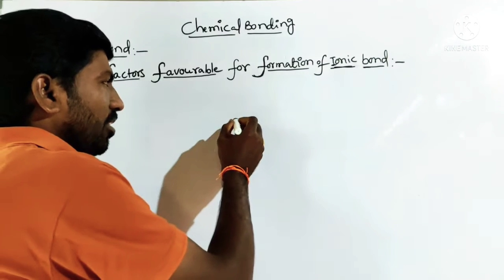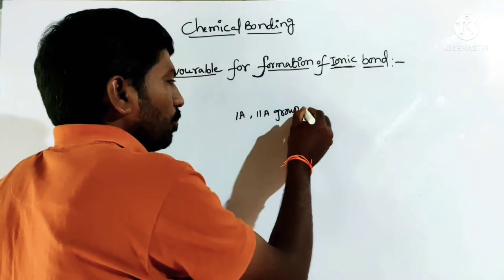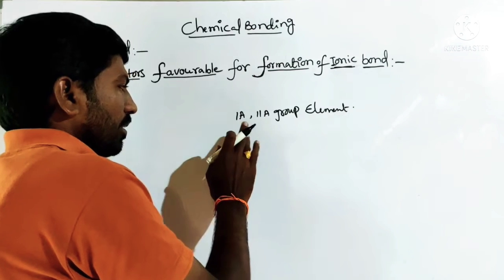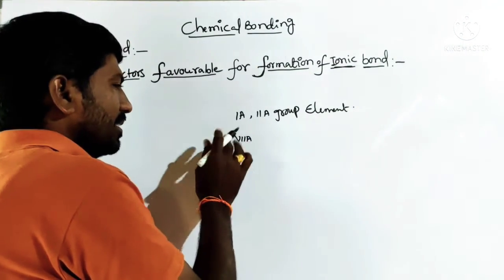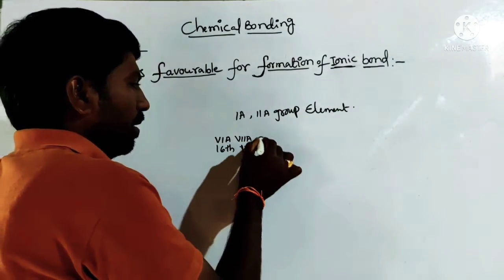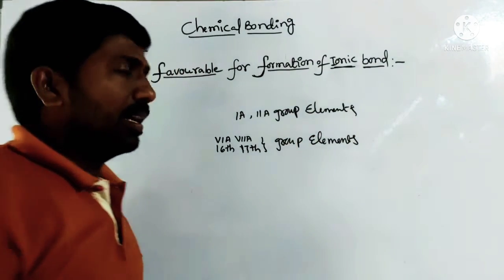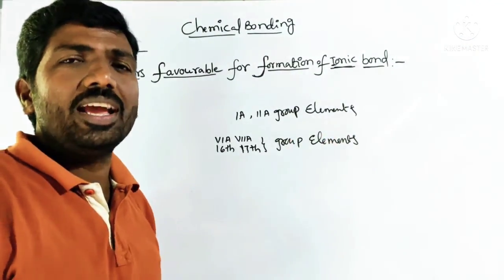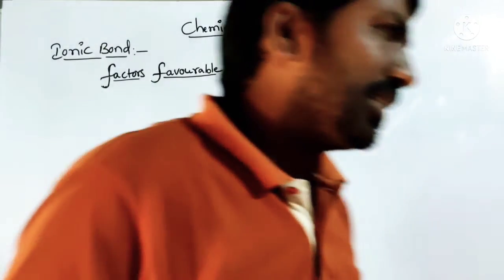Between first A and second A group elements and 16th and 17th group elements, only ionic bonds are generally formed between these four groups.